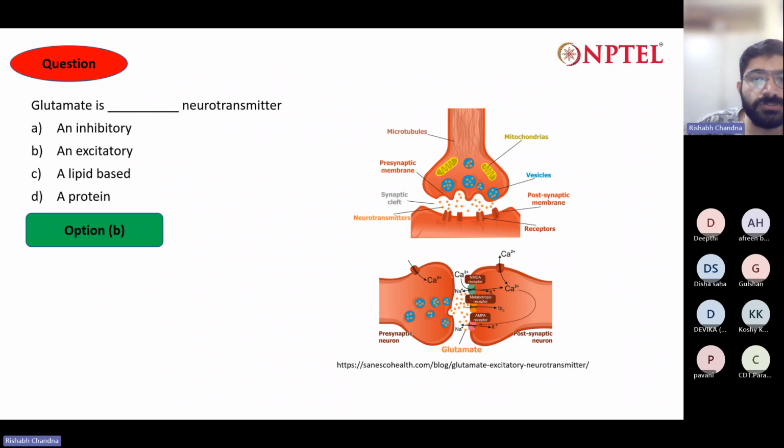So it excites the postsynaptic neuron very much. And it is not lipid or protein based, it is an amino acid, so it will not go into these two categories.